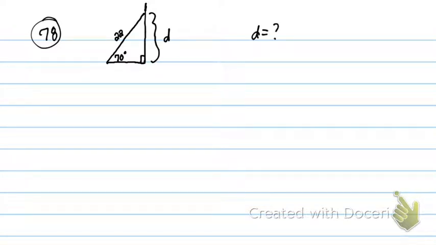Now, again, we have a right triangle, and we have two pieces of information given, and we're looking for one. And that's all we really need. So we can use a trig function here. Let me bring back the SOHCAHTOA for you to look at this for a minute. You have an angle of 70. What's opposite of 70?